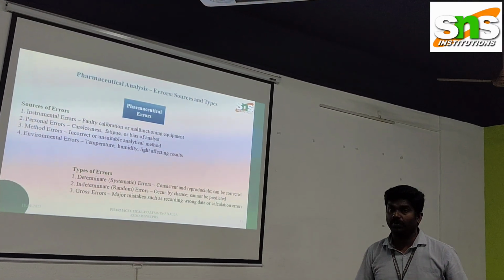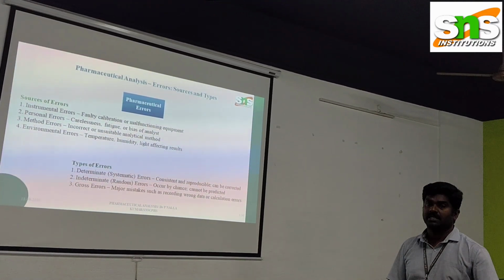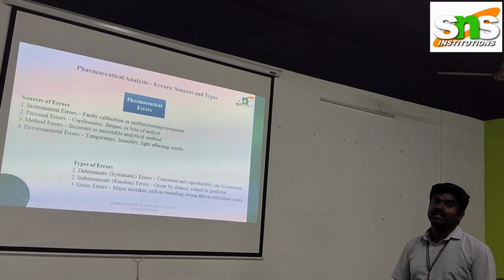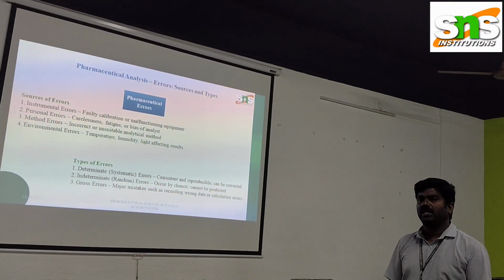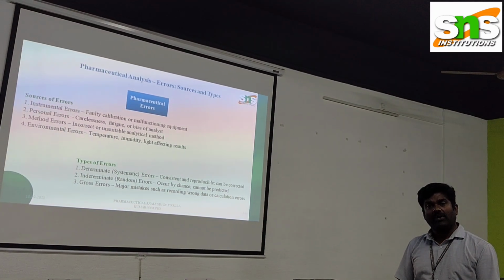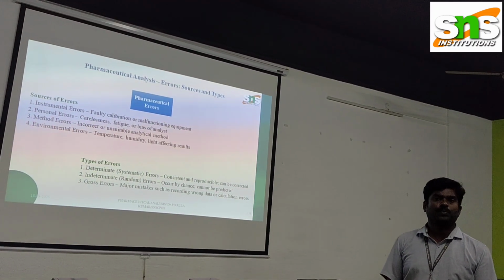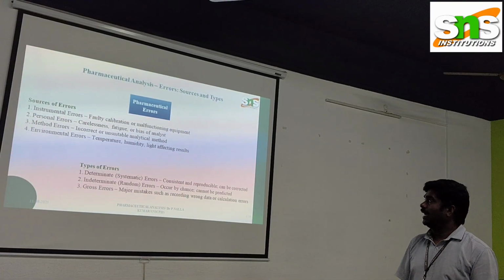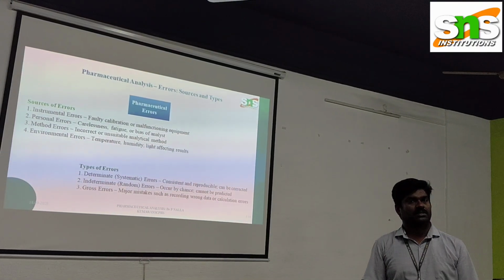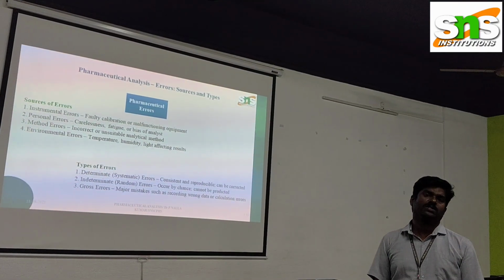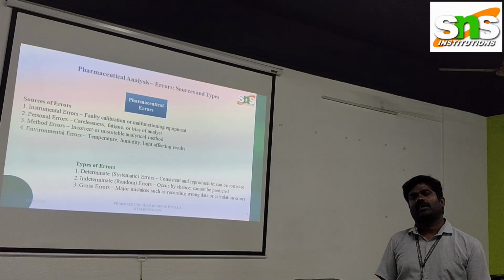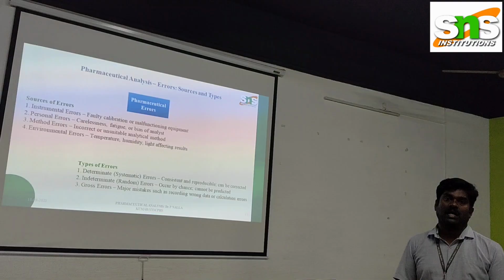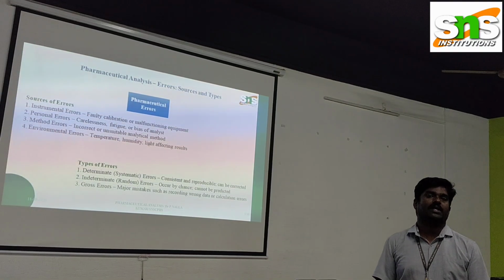Moving to the fourth type, environmental errors: temperature, humidity or light affecting the result. In industry we have an HVAC system. We need to provide proper temperature, humidity, light and airflow, and we need to avoid contamination, particularly when performing bioanalytical activities.